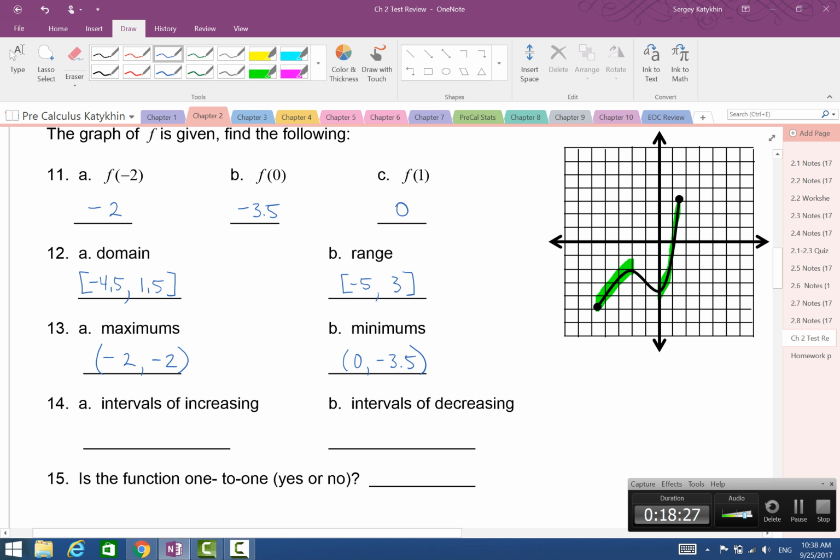So it starts at -4.5 and goes up to, it looks like, -2. There are 2 intervals, and the second starts at 0 and goes all the way to about 1.5.